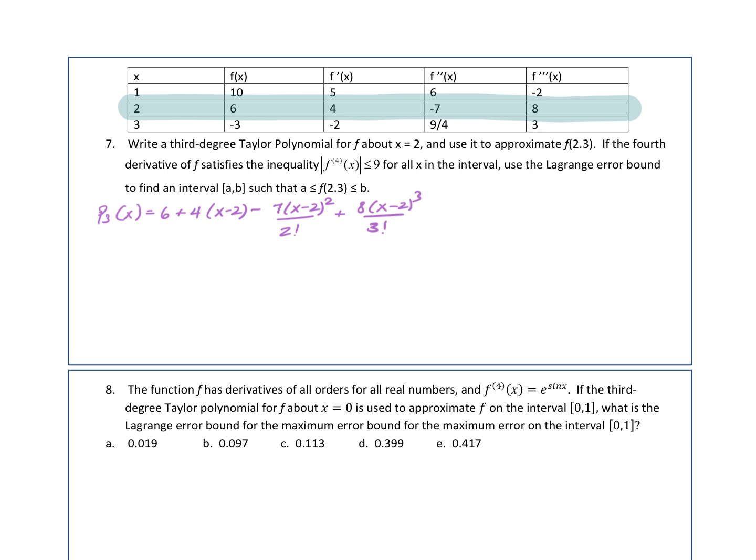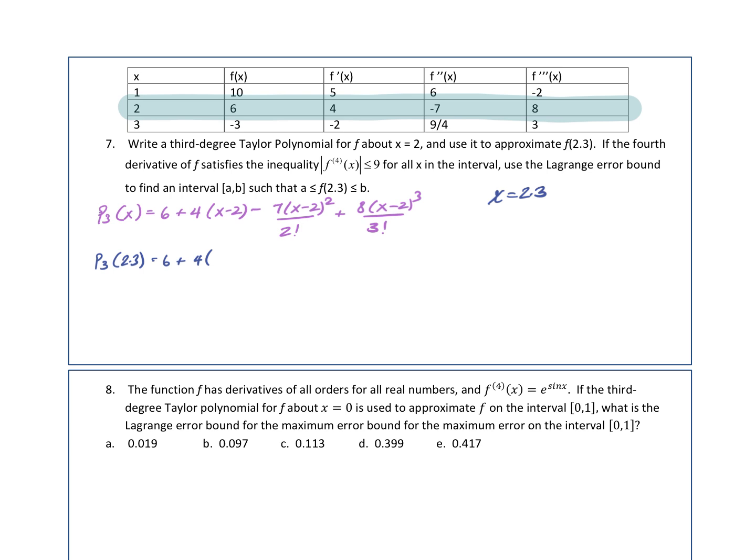They want us to evaluate f of 2.3 using our polynomial. So P3 of 2.3. Again, this was an AP question. I don't remember, it must have been an FRQ. I would not simplify any of this. So it's 6 plus 4 times... We're evaluating at 2.3. So we're saying x is 2.3. So plug in the 2.3.